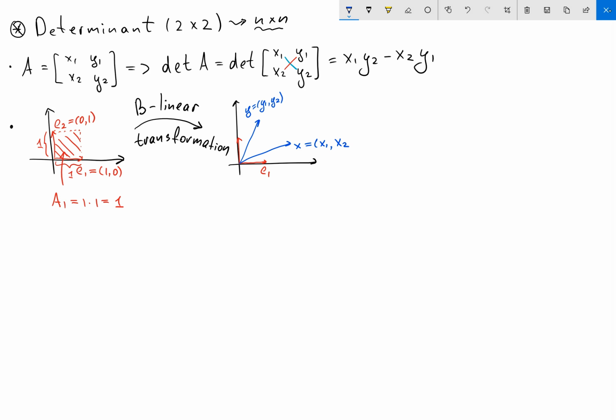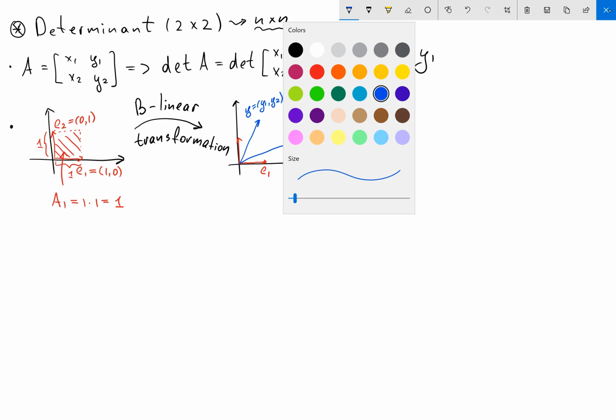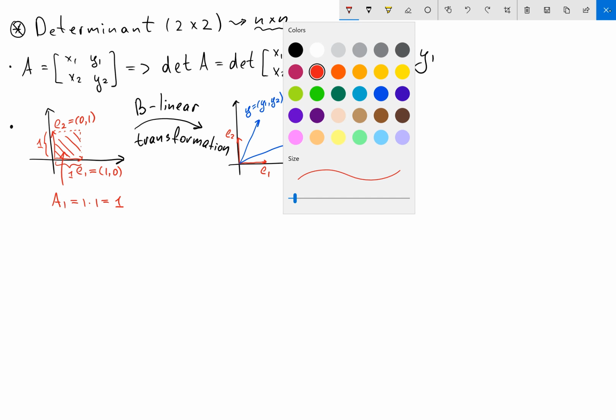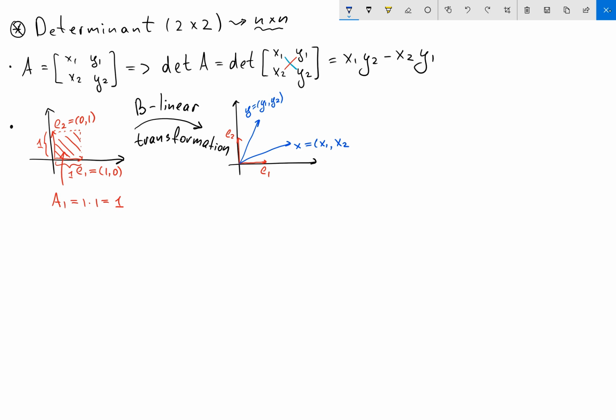There are a lot of rules about what a linear transformation is, but for now just think that we took vector e1 and moved and stretched it in some direction. So right now we have new vectors, x and y.